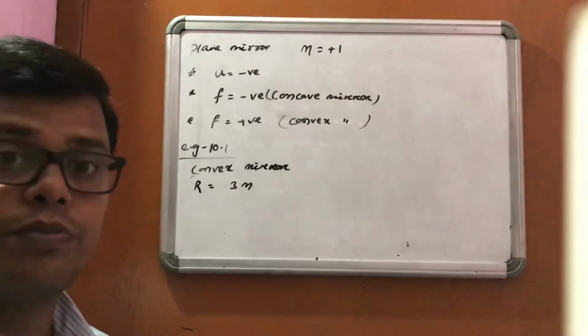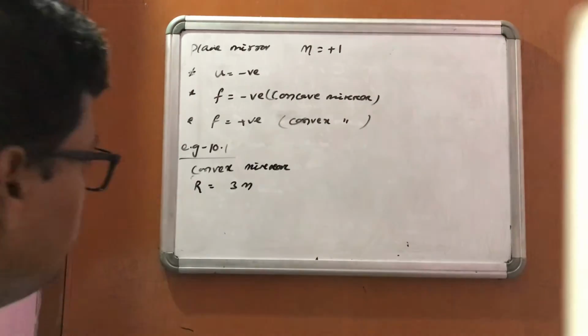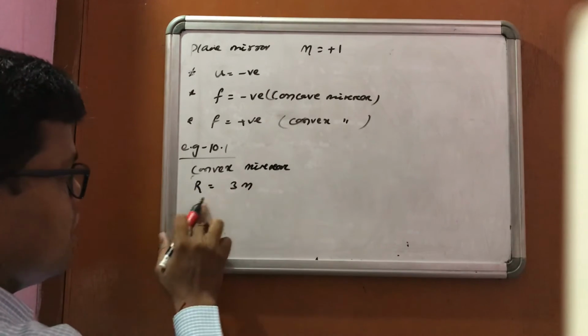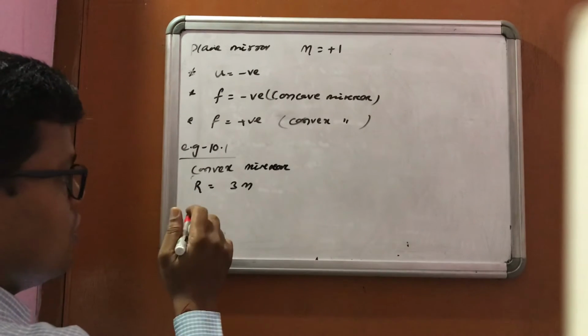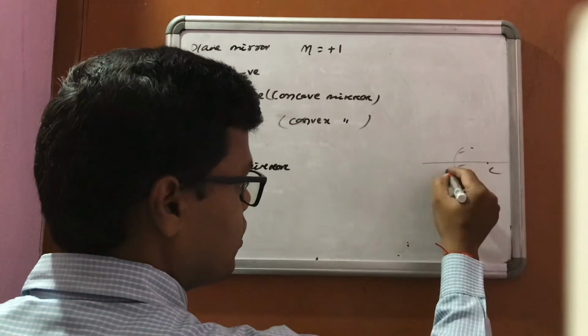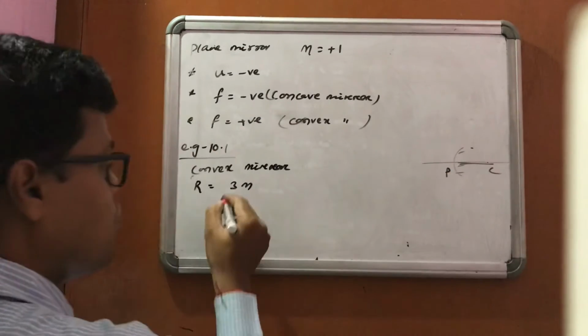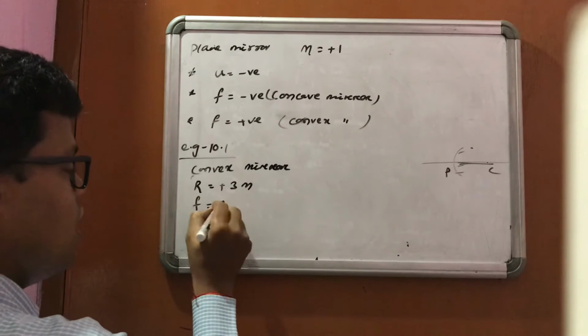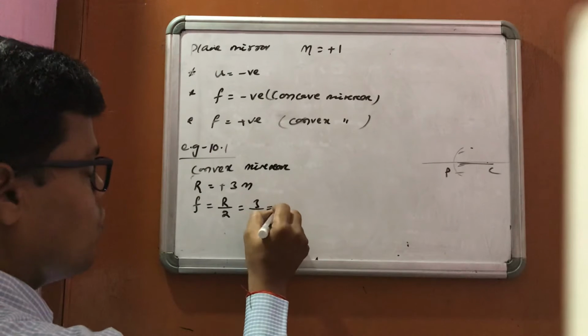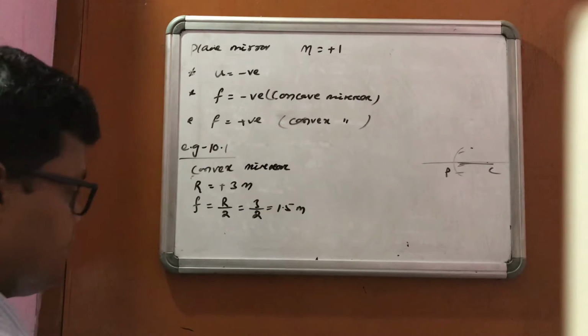It is applicable with proper sign convention, so you have to write with proper sign convention. A convex mirror, radius of curvature is 3. In case of convex, this is center of curvature, pole, it must be positive. So what is the focal length? Radius of curvature by 2, 3 by 2, 1.5 meter.